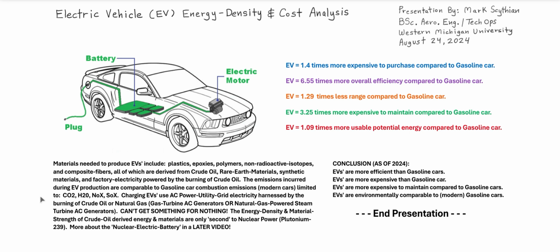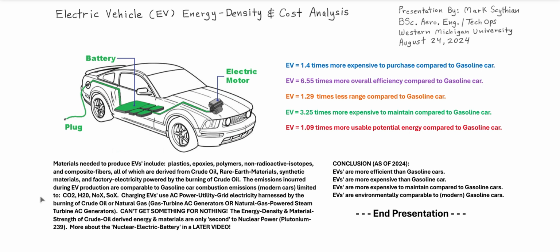Charging EVs use AC power utility grid electricity harnessed by the burning of crude oil or natural gas, as in gas turbine AC generators or natural gas powered steam turbine AC generators at your utility company.